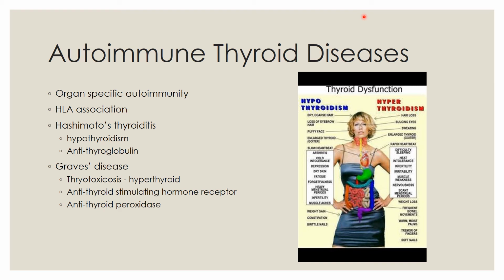The heart issues are definitely probably the things you're most concerned about. In hypo, you have arrhythmias. In hyper, you have palpitations. In 35% of the cases of Graves' disease, you have what's called exophthalmos.